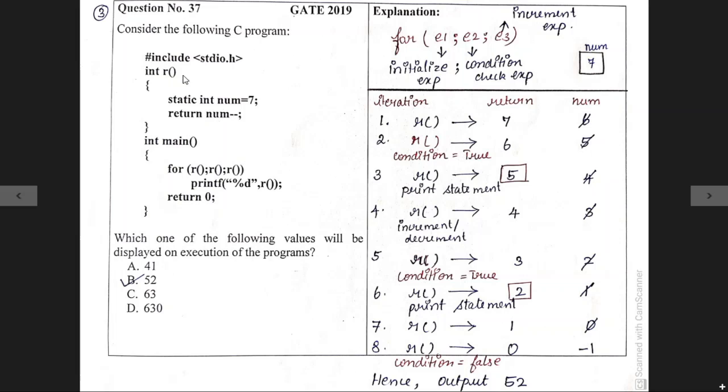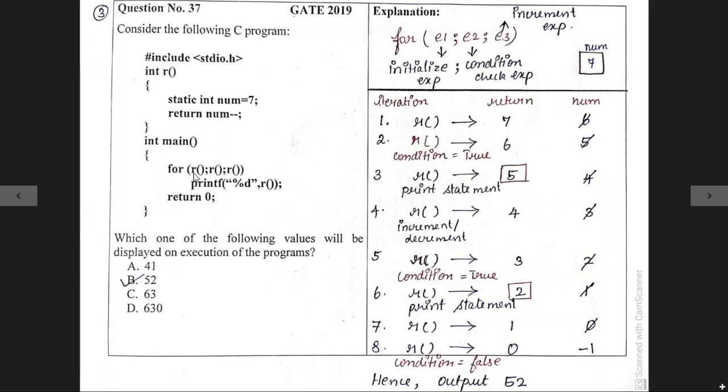After completing this function, it will not get destroyed, because I have already discussed this concept before in question 1. Even though it is a called procedure, inside this procedure I have a static variable. A static variable will not get destroyed. It will change the value for each iteration. So initially the static variable num holds the value 7.